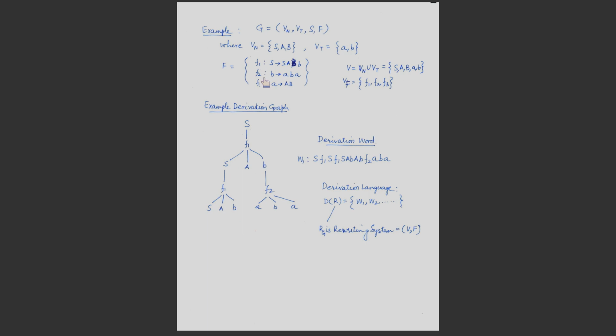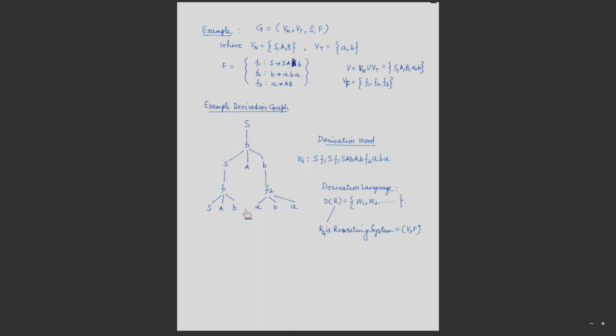Here proper notation is not followed, in which capital letters are indicating non-terminals and small case letters are indicating terminal symbols. It is not followed, so just ignore it. So B on applying F2 rule yields ABA. So this is indicated by this. So this is the graphical representation of derivation.